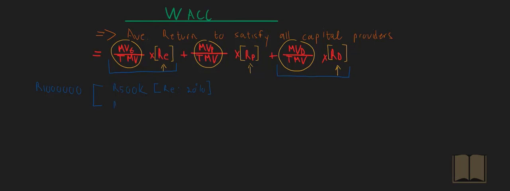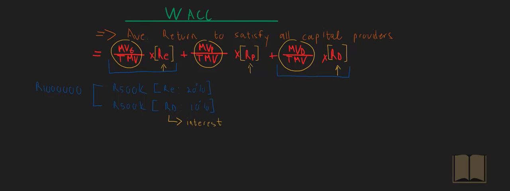And then the other 500,000 Rand comes from your debt providers, and they want a return of 10%. Please note that the return required by your debt providers is commonly known as interest.